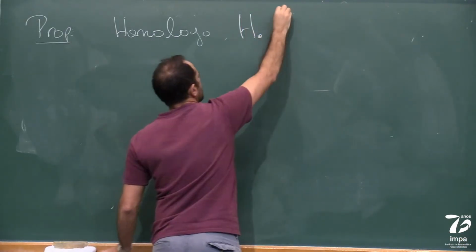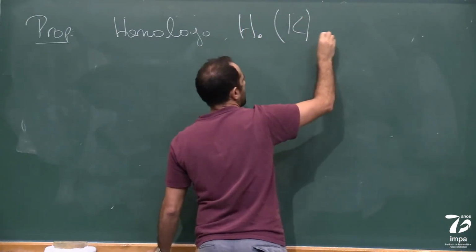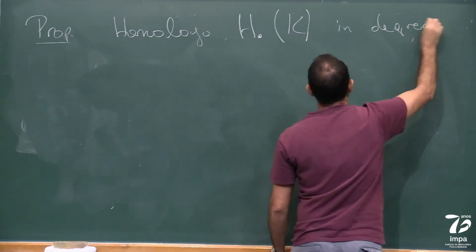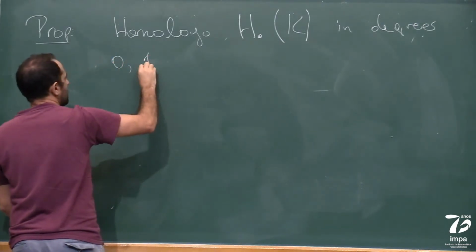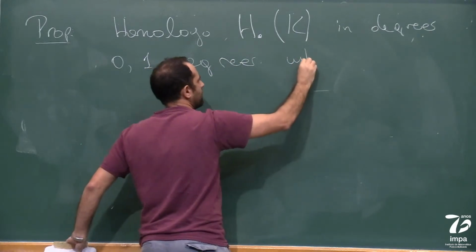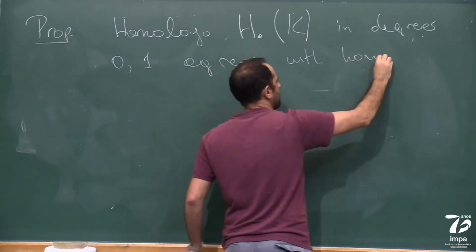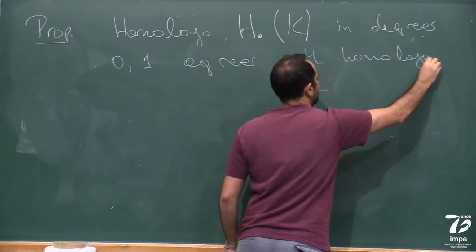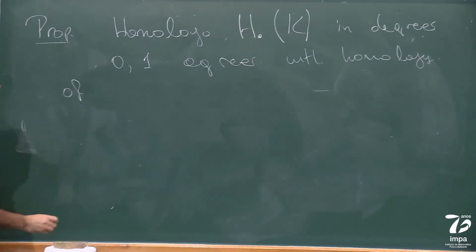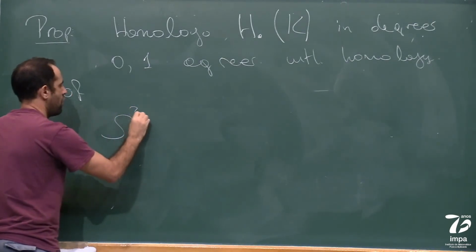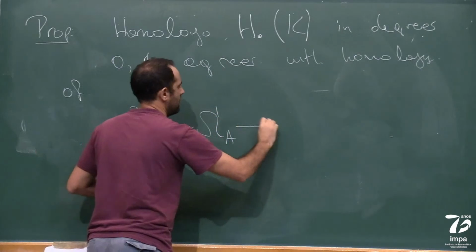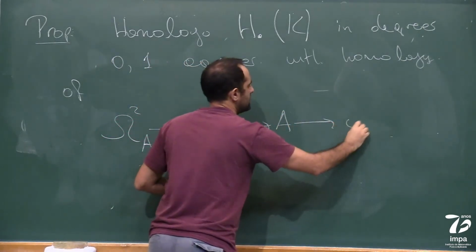The homology H dot of the complex K in degrees 0 and 1 agrees with the homology of the following complex: omega 2 of A, omega 1 of A, A, 0.